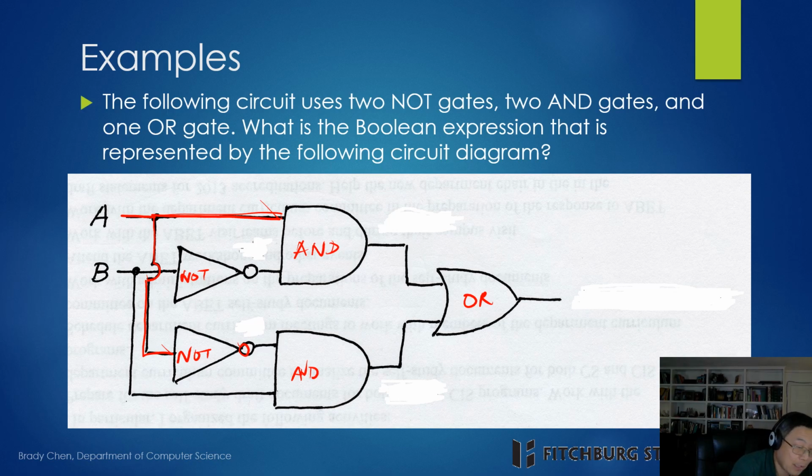If A is 1, it will convert into 0. If it's 0, it converts to 1.